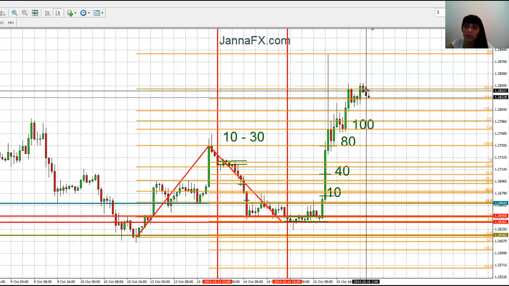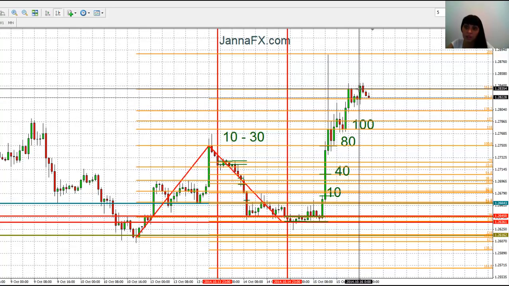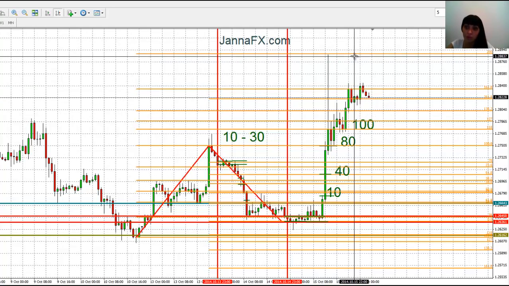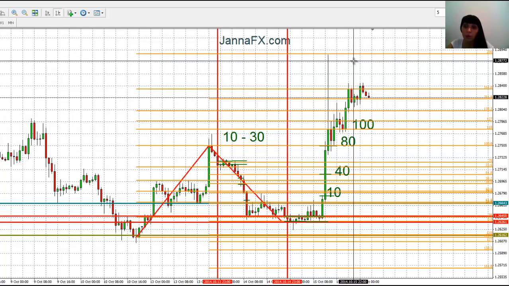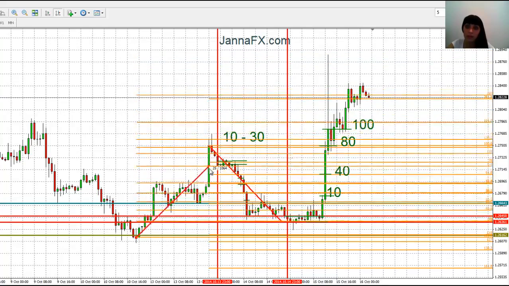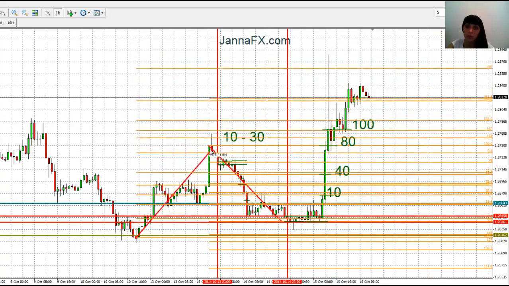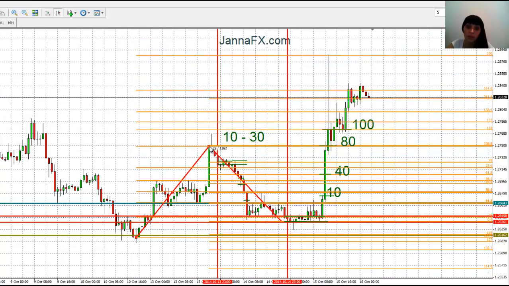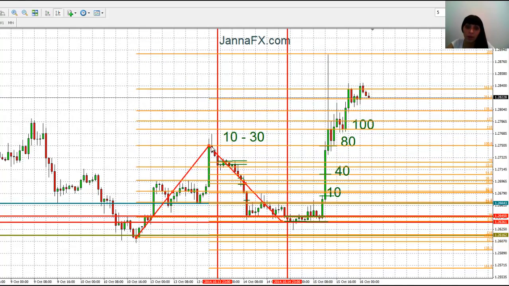After 138, it should go for 161, and then it should reach 200. So it would have been a perfect movement, because look, around 200 you see it finishes. There are no more lines. So that means this uptrend has worked itself out.